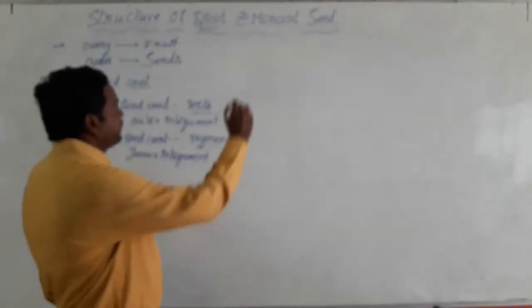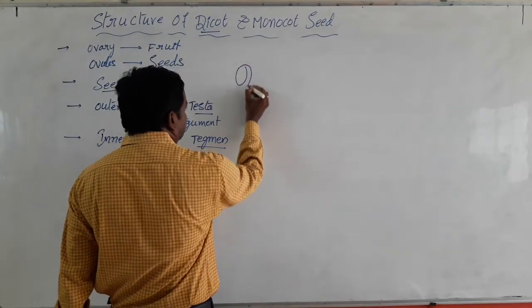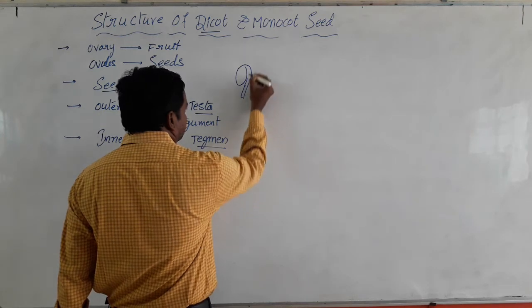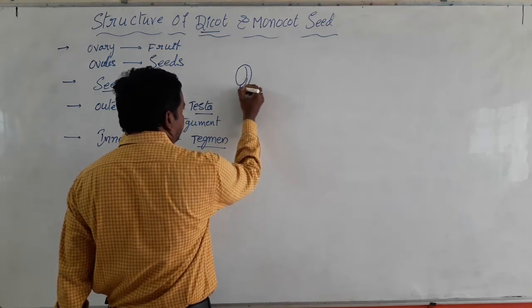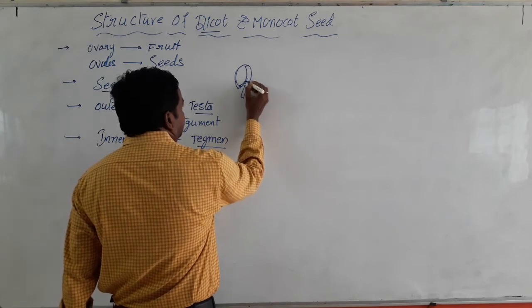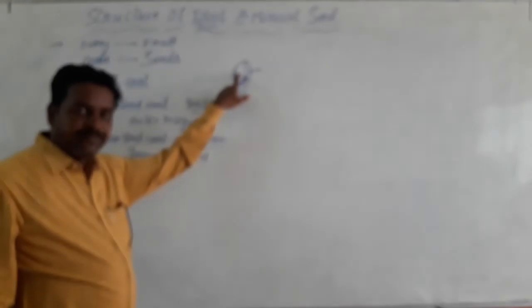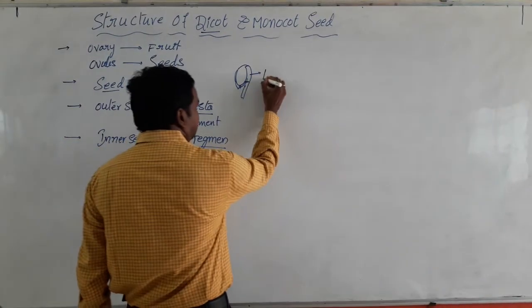For example, this is the ovule, and this is the funiculus. The part of the funiculus which is attached with the body of the ovule is called hilum.